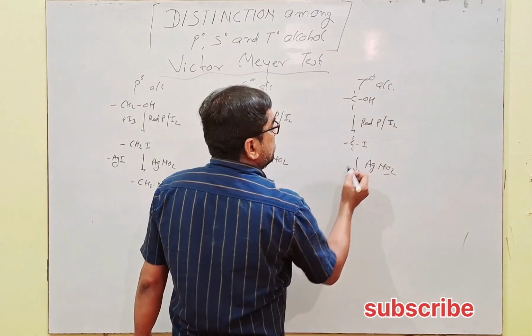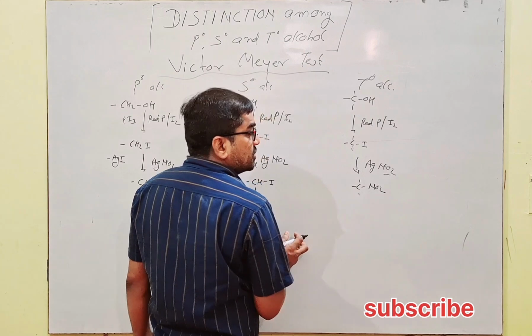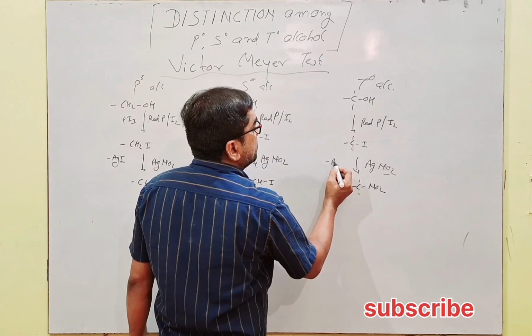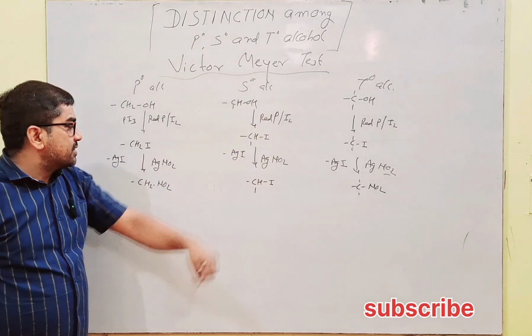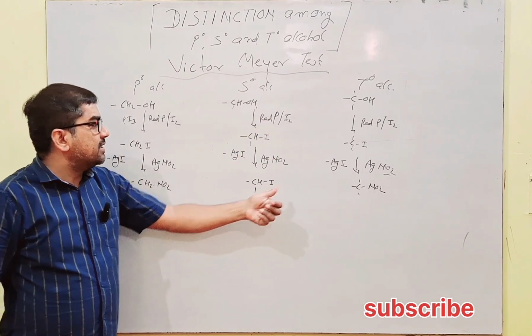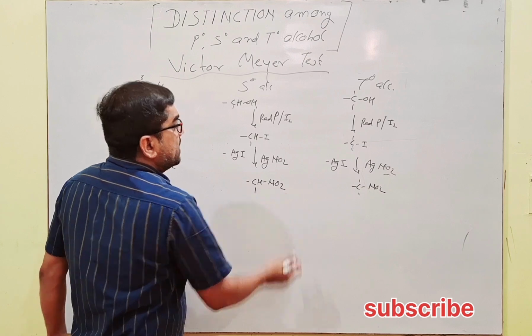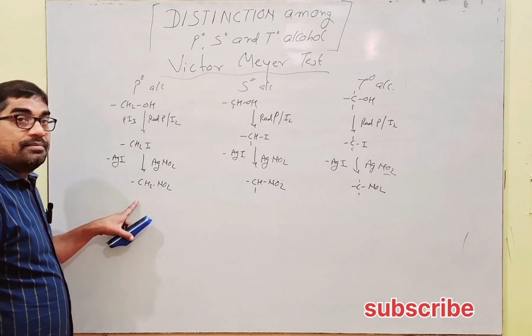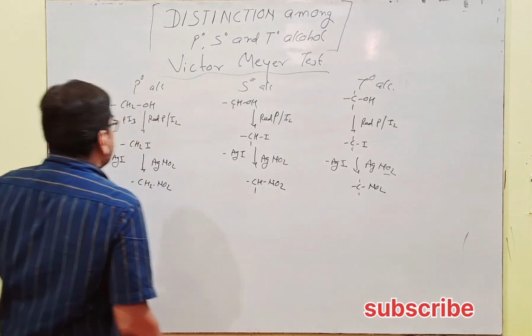Here NO2 displaces I, so a nitro group forms at the tertiary position with elimination of AgI. Same as primary, secondary and tertiary. So primary, secondary and tertiary nitro derivatives are obtained. Nitro alkane, primary, secondary and tertiary.